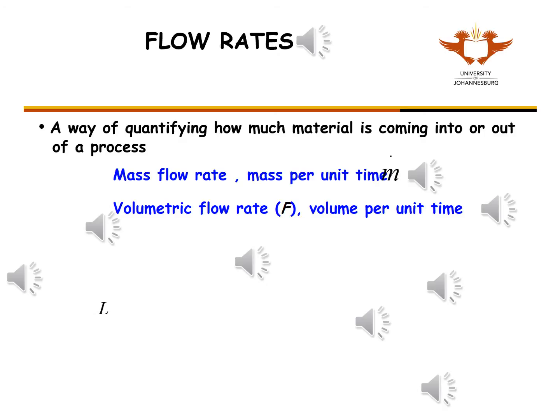Consider a plug of fluid with volume V and length L that is flowing in a pipe of internal cross-section A. The volume of the plug is the cross-sectional area times the length.